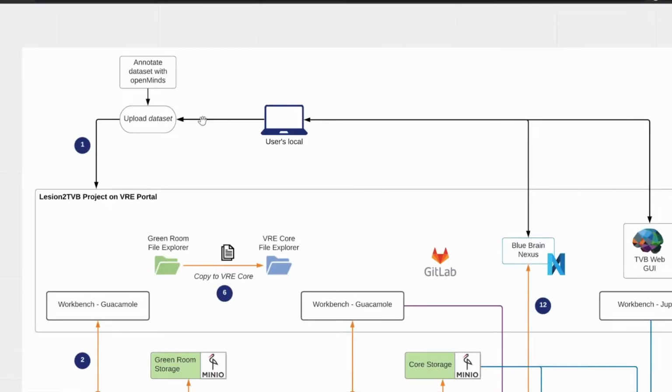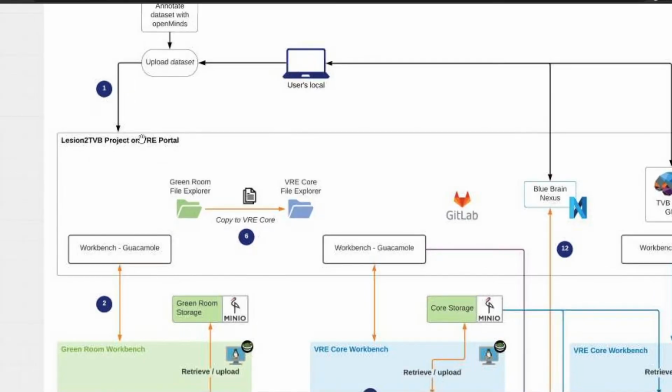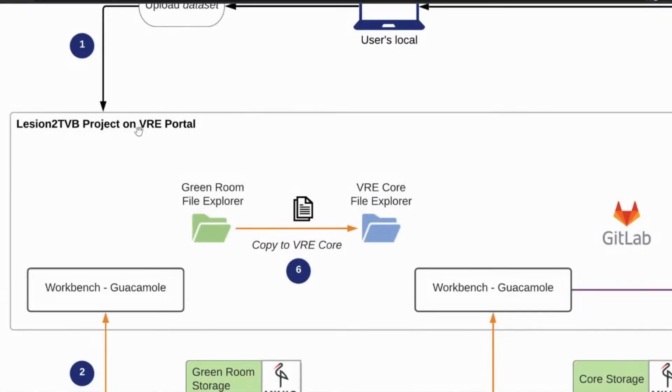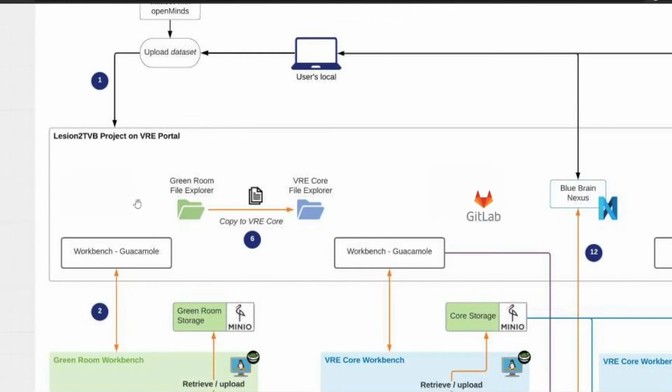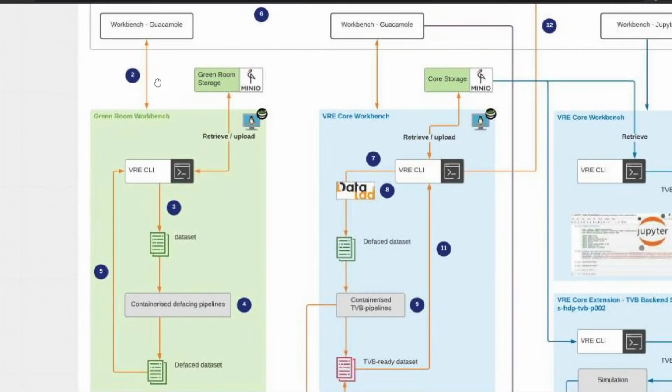So the first point of contact is the VRE portal in step 1, where we upload our data set and our containers into our already defined project. And where we land is within our user-specific green room. That is, as Petra mentioned, a specifically access-restricted area where we can upload medical data and, if necessary, perform additional steps of pseudonymization.